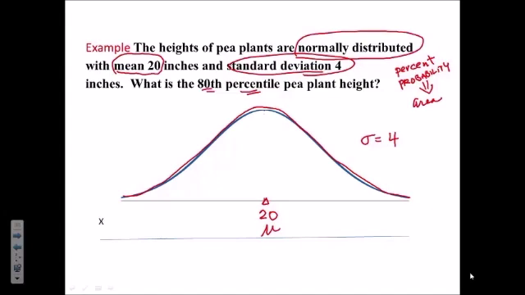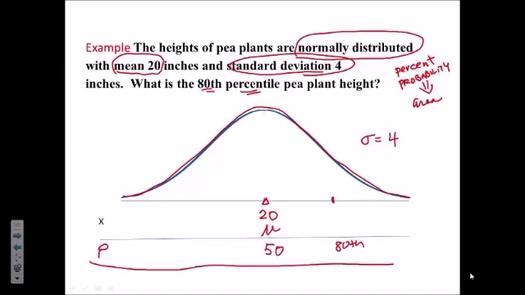If I put in another line for percentiles, in the middle is the 50th percentile. That means 20 is the 50th percentile score. It's higher than 50% of the distribution. The 80th percentile score would be higher.